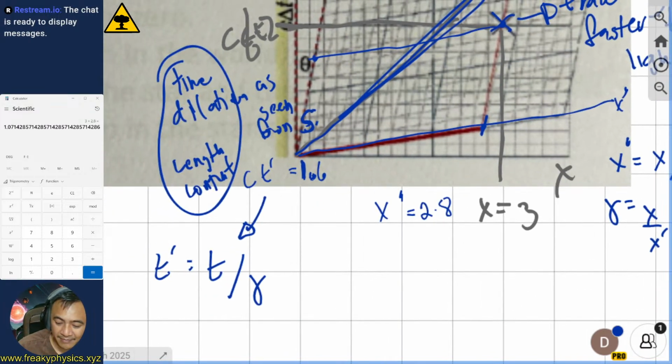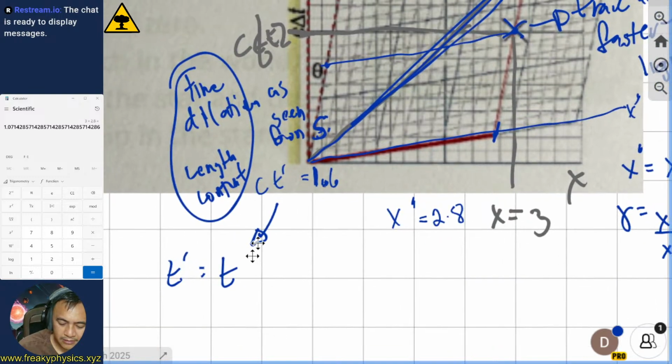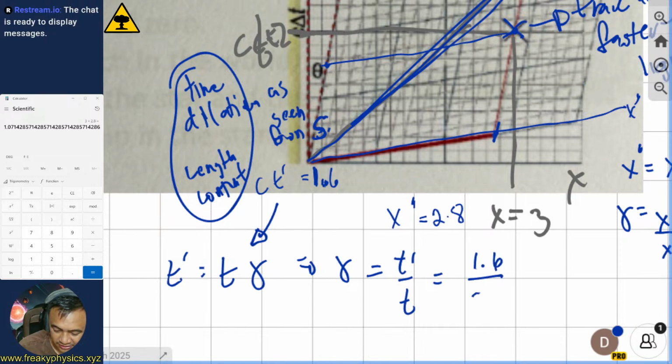Oh, sorry, t prime equals t gamma, right? So in this case, gamma equals t prime over t. Let's see if we get the same answer. Our t prime is 1.6, our t is 2. Does that give us the same value? No, it gives us 0.8.